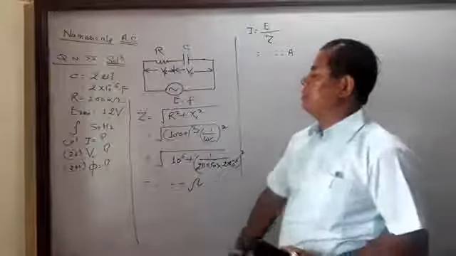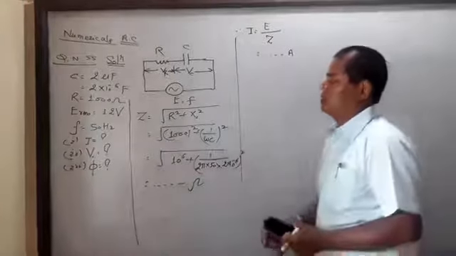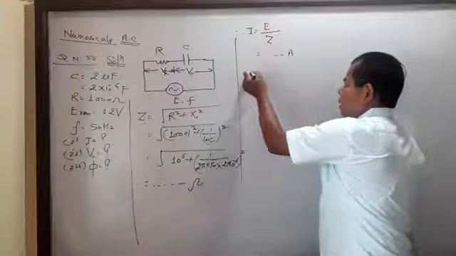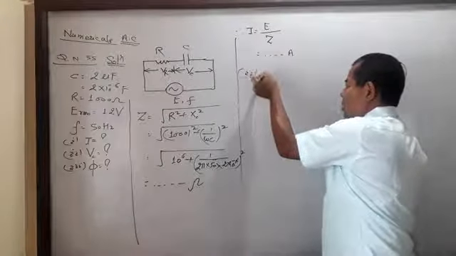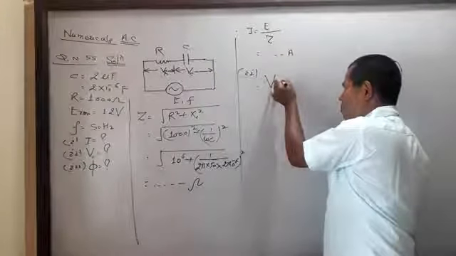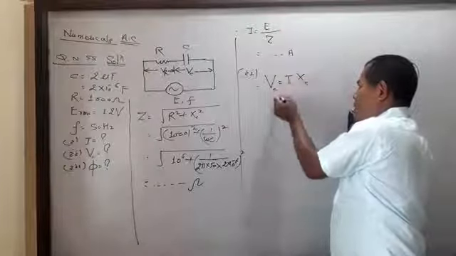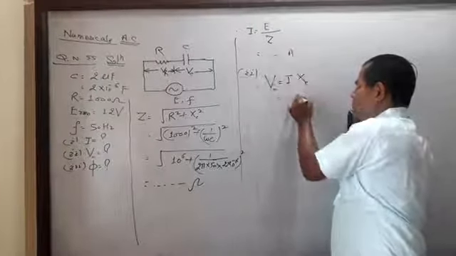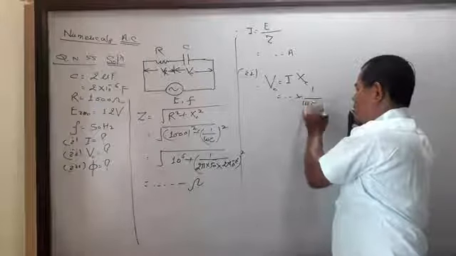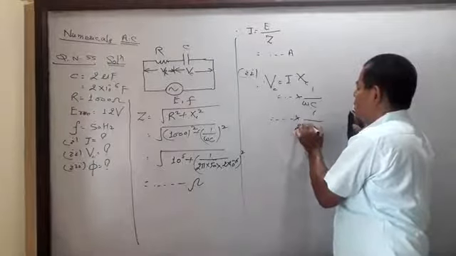Now second part, VC, the potential developed across the capacitor. VC is equal to what? From Ohm's law, VC is equal to I into XC, where XC is equal to 1 by omega C, and omega is equal to 2 into pi into f.